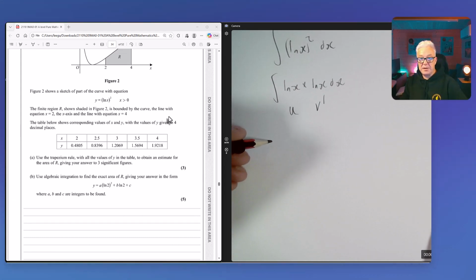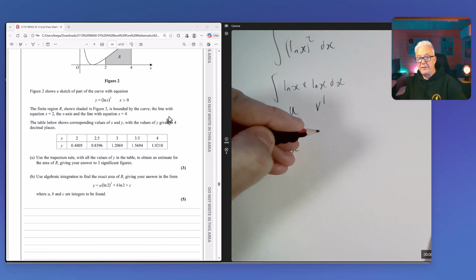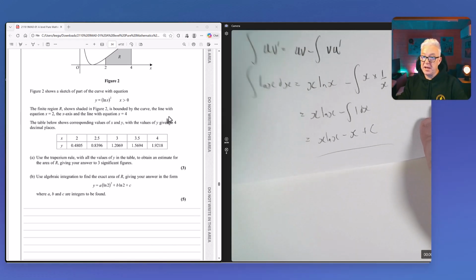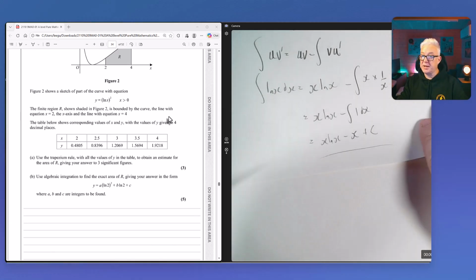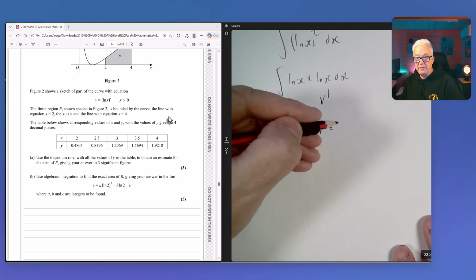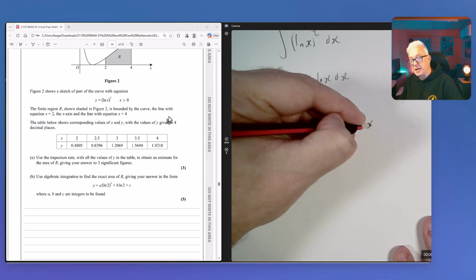That means that u' is going to be 1 over x, and for v, this is where we can now bring in the result that we did a moment ago. So v is therefore equal to x ln(x) minus x.